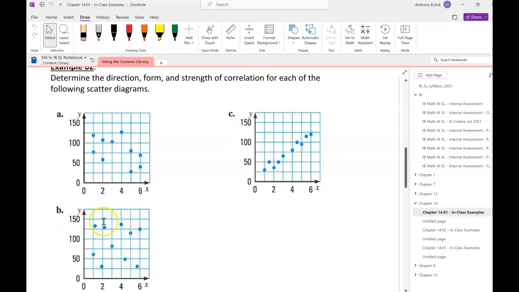So when I look at this, what does this look like to you guys? Looks like nothing, right? So I would say there is no direction, no form, and no correlation, because it just looks like a random mess of nothing.